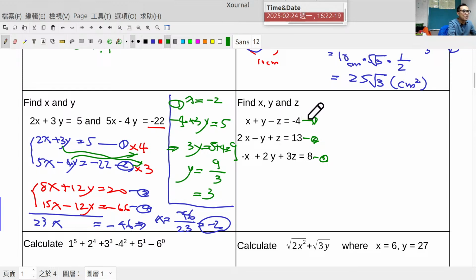If we add line 1 and line 2, x plus 2x is 3x. Plus y minus y, y is gone. Minus z plus z, z is gone. Then equals minus 4 plus 13, that is 9. 3x equals 9, thus x is 3. See, it becomes easier, right?